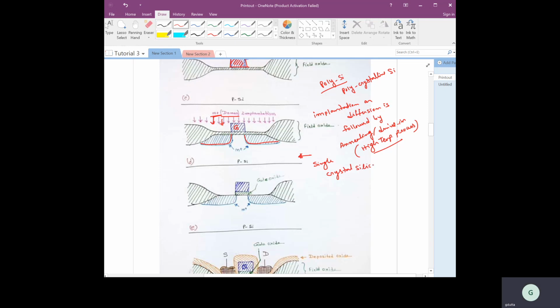Single crystal silicon. So what is the difference? Single crystal silicon means all the crystal orientations are of the same type, right? But in polycrystalline silicon, some regions will have, suppose, like this, some region where the orientations are crystalline, all regions are crystalline only.